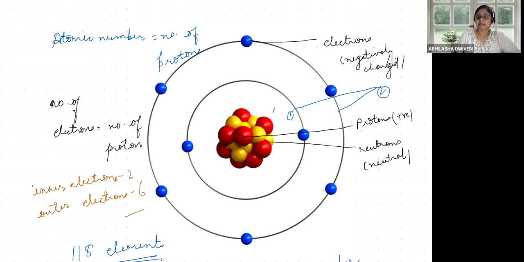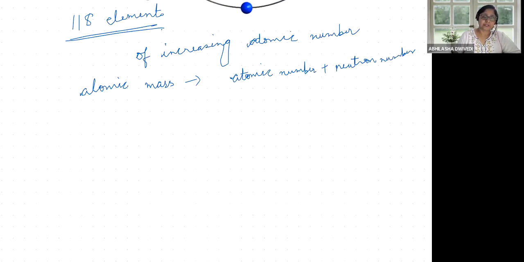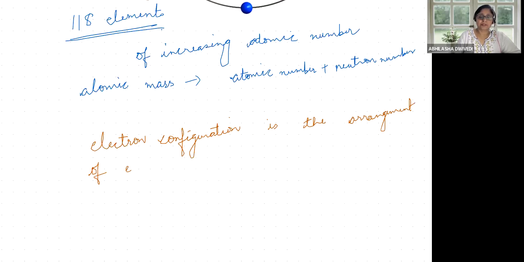We see eight, right? But the arrangement, electron configuration, is another thing which you must know. Electron configuration explains a lot. So what is electron configuration? Electron configuration is the arrangement of electrons in the orbit.